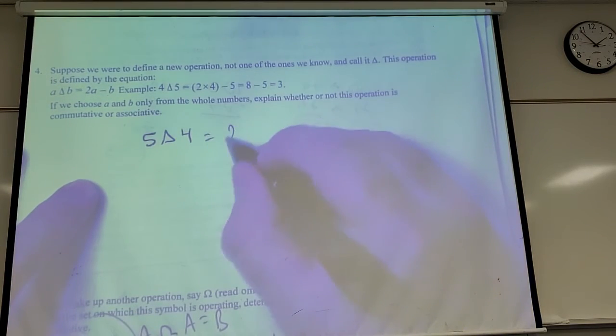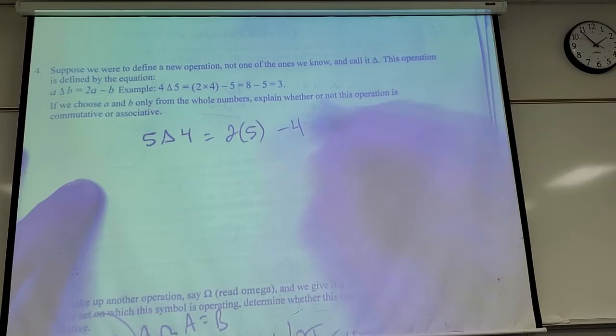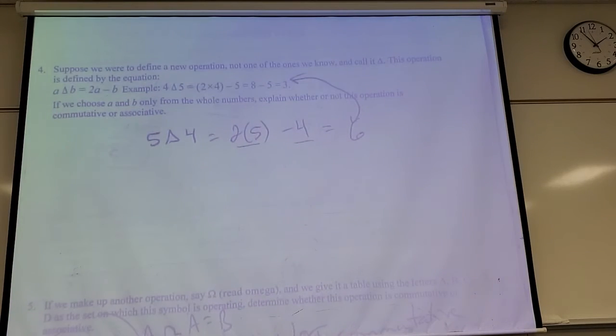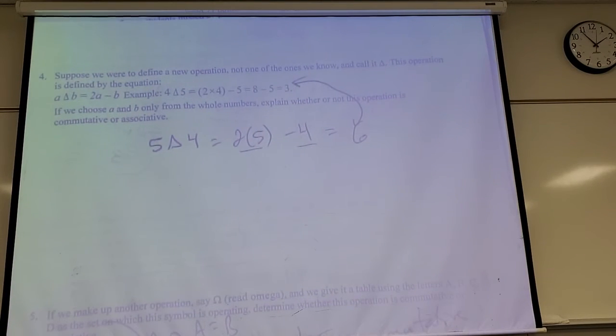So this will be 2 times 5 minus 4, which is 10 minus 4, which is 6. Are they the same? No. So that shows it's not commutative.